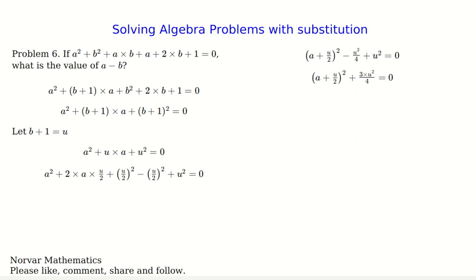A non-negative number plus a non-negative number equals 0, then both numbers are equal to 0. So, a plus u over 2 is equal to 0, and 3 times u squared over 4 is equal to 0. Solved. A is equal to 0, u is equal to 0, and then b is equal to -1. Therefore, a minus b is equal to 1.